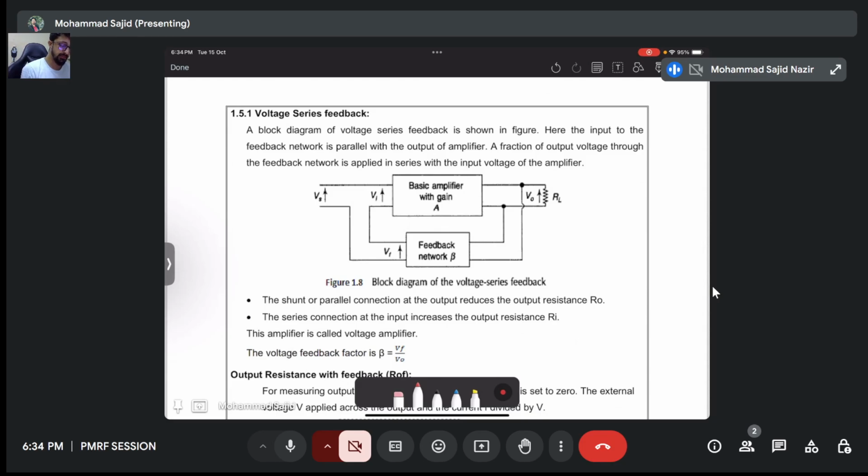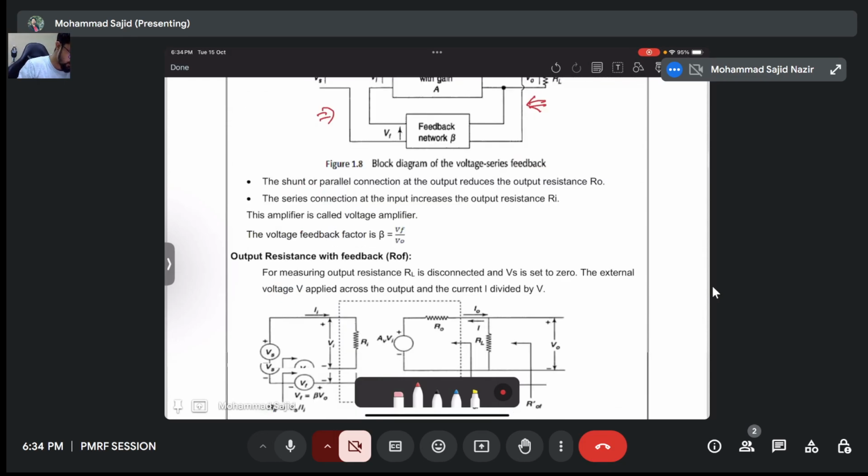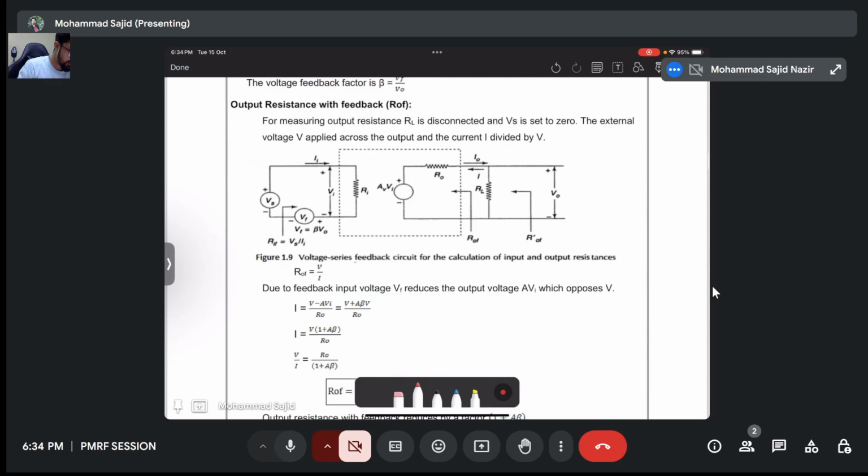Voltage series feedback takes the shunt sample at the output and adds in series at the input. So let's check the resistance for this circuit. We need to calculate this R_of. Initially it was R_o.